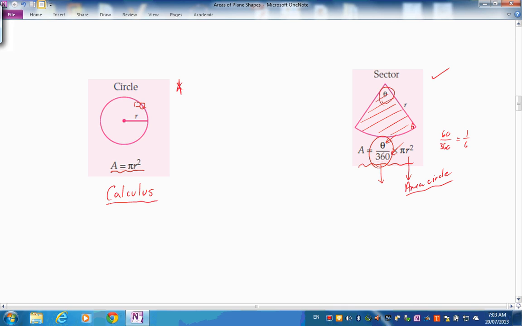So theta over 360 is the fraction of a whole circle that you've got. Because 360 degrees is the whole angle at the centre. You've only got, let's say, 60 out of 360, so you've got a sixth of the whole circle's width, and therefore a sixth of its area.